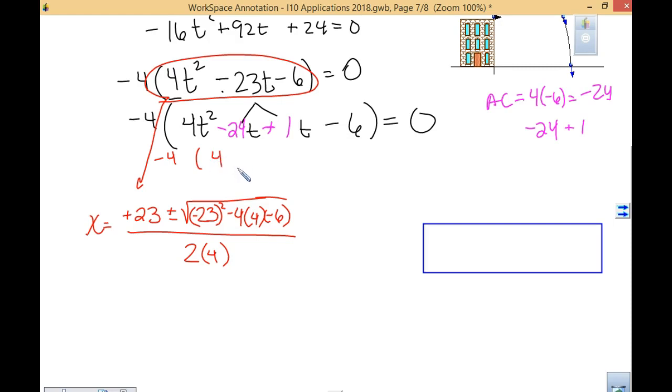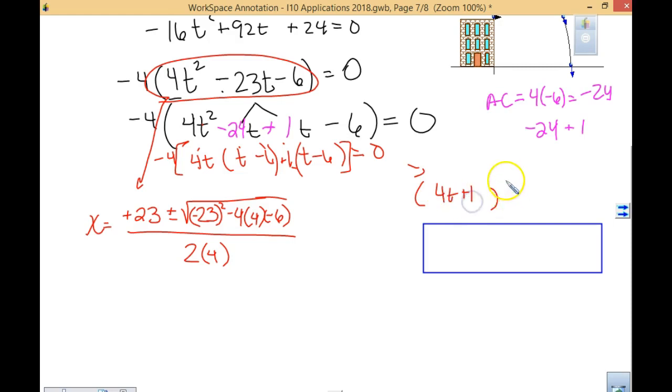If we were factoring this, someone did the factoring way, Kylie, would you have? So we had one factor being 4t plus 1, because when we were looking at this, the last one was a plus 1 times that t, so 4t plus 1. And t minus 6. And that was equal to 0. And you did have this negative 4 out in front here, okay?